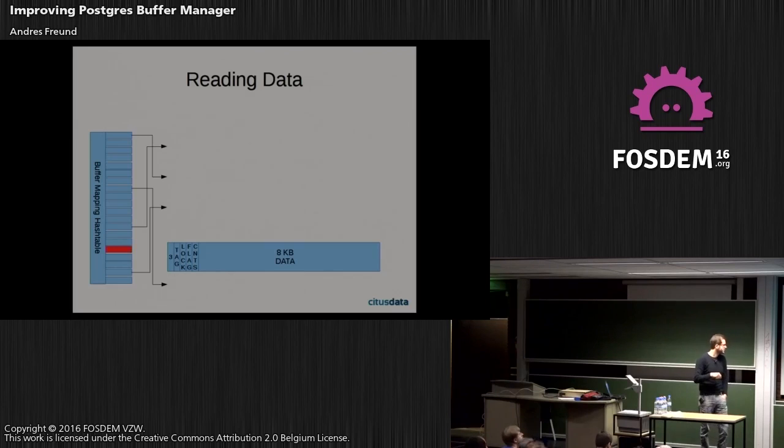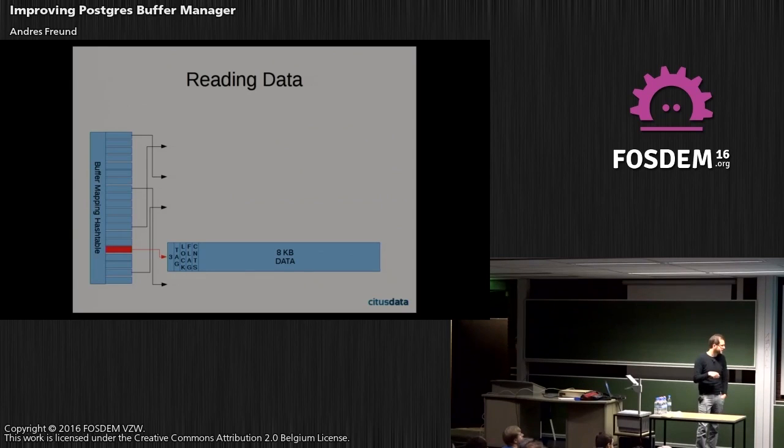We first ask the hash table where the entry would reside for the specific page of the specific table that we want to read, and in this case it's in this position, and there's no entry there, so currently we haven't stored it anywhere. So what we do then is we find a free page, and how we find a free page I'll explain in a later step.